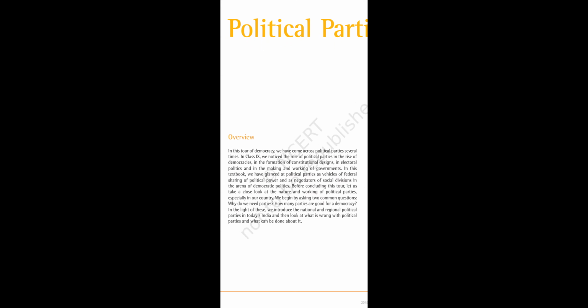So in this chapter, we'll be closely looking at the nature and working of political parties in India. However, there are certain questions which we need to ask ourselves. Do we really need political parties? And how many political parties are good for a democracy?